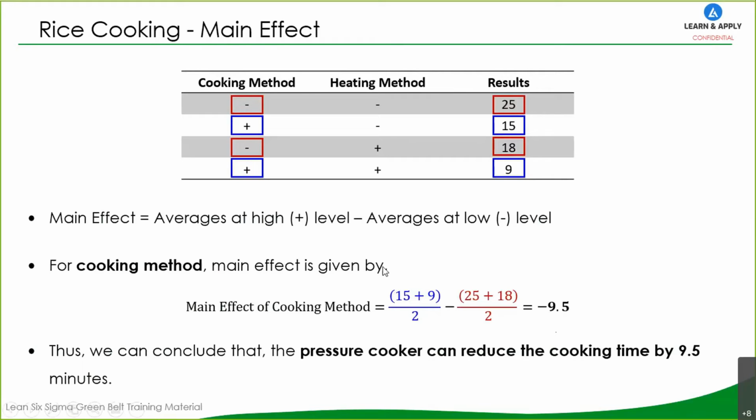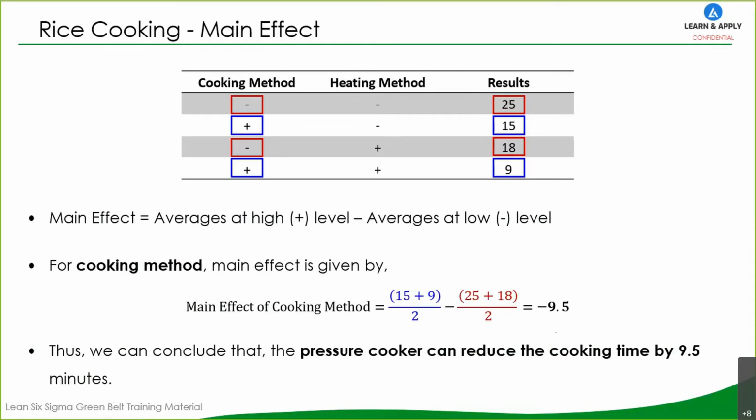But what is the high level? Pressure cooker. So that's why the pressure cooker is reducing. Or we can say that cooking with the open pan will increase by 9.5. Is that another interpretation? Yes, it's the same interpretation.